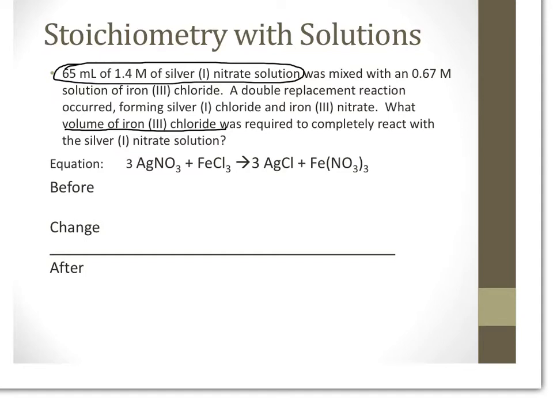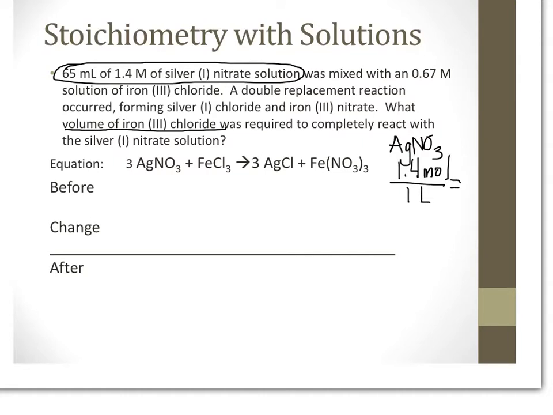So as with every stoichiometry problem, first step is to get into moles of what we know. So we know silver nitrate, and we know that the silver nitrate has a molarity of 1.4 moles for every 1 liter.